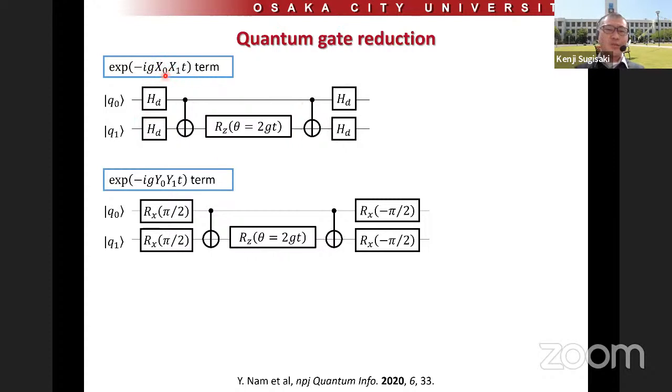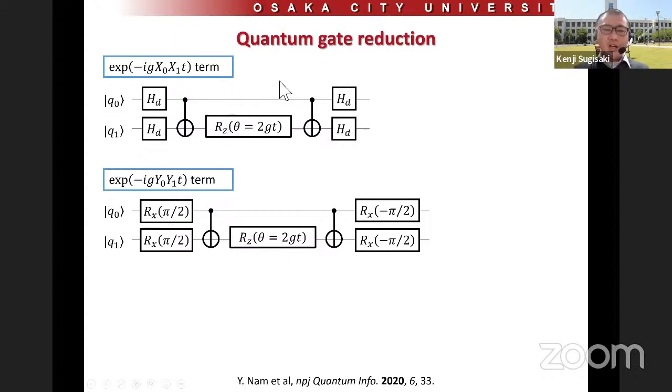In this case, we apply a Hadamard gate to transform the basis from X basis to Z basis, and then apply a single gate, and then apply a rotational gate, and then apply another single gate and apply another Hadamard gate to transform back to the original quantum state.